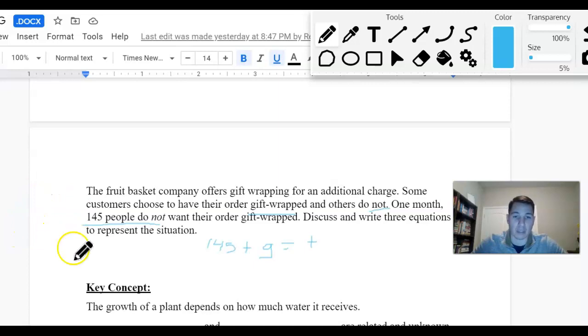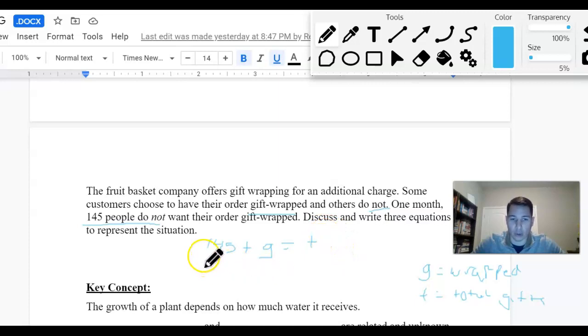Okay, so let's make sure we label our variables. So G is gift wrapped, so we're going to say wrapped. And T is going to be total gifts. All right, so there's 1.